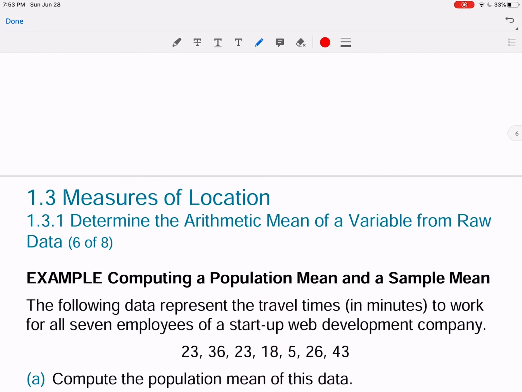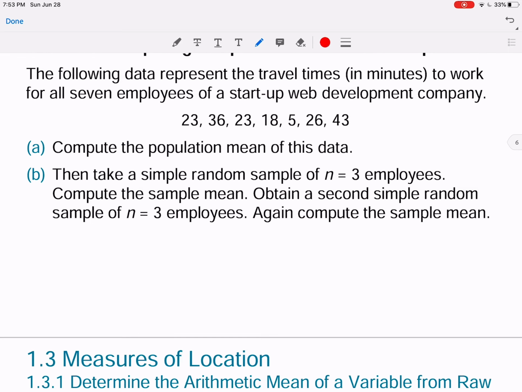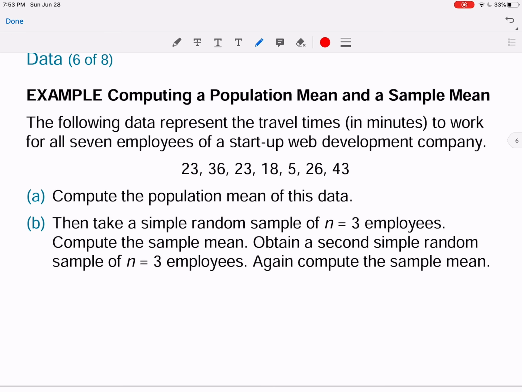Now, once we know the formula, let's take a look at an example here. Computing the population mean and sample mean. The following data represent the travel times in minutes to work for all 7 employees of a startup web development company. So we get 7 numbers over here. Of course, in this case, this data set is considered a population data set. Part A, compute the population mean of the data.